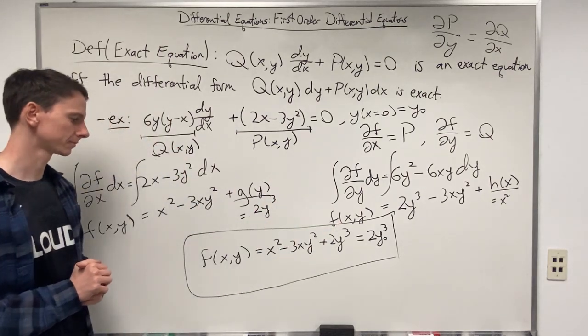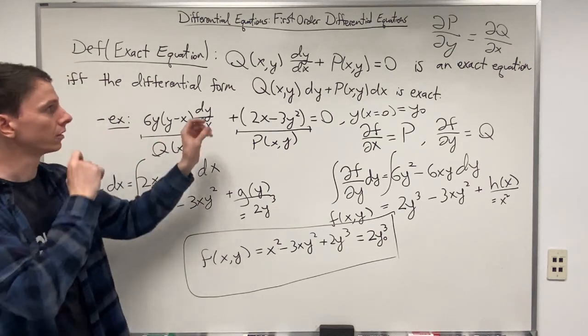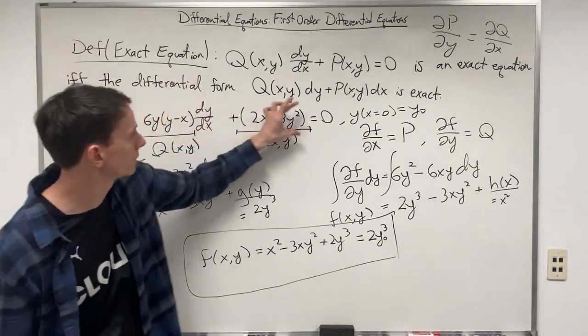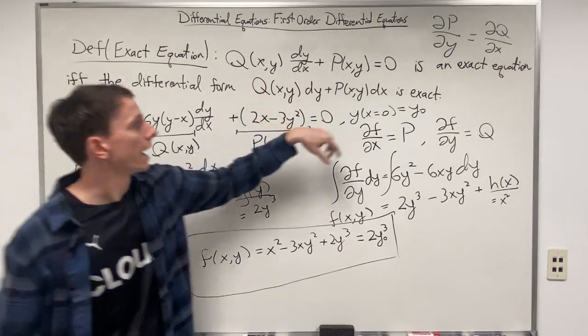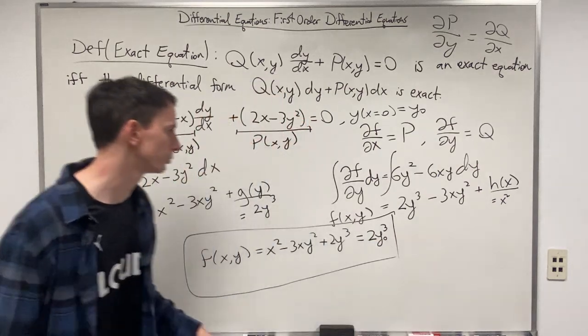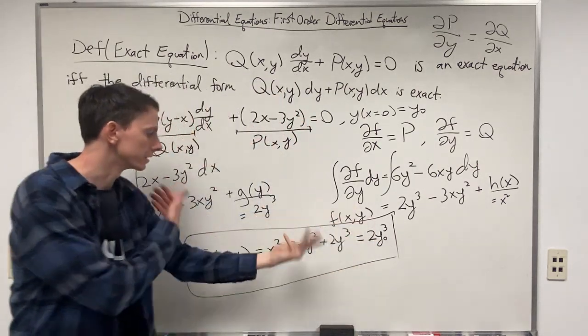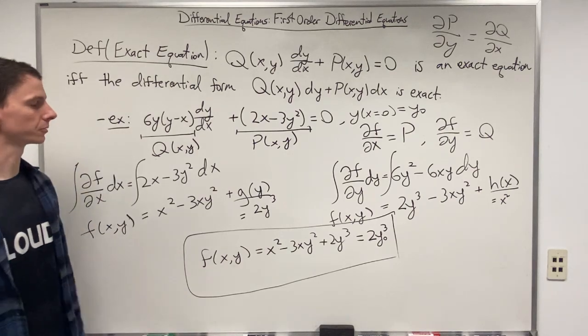Okay. Hopefully that makes sense in connecting the dots, seeing how first we could start with a differential equation, how we can check that it's exact, and then how once we know it's exact, we can solve for that f function and then obtain the solution from there.